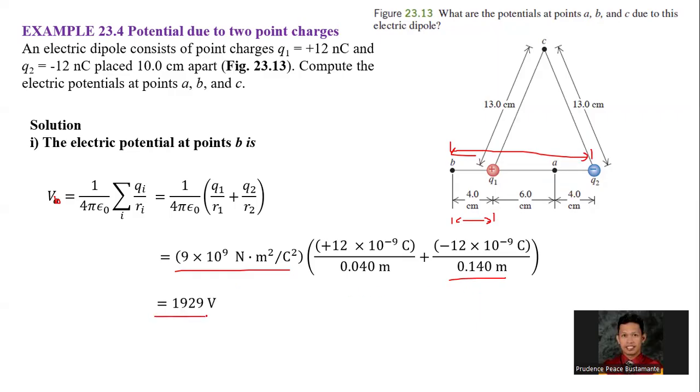So the value is 1929 volts. You can confirm that one using your calculator.